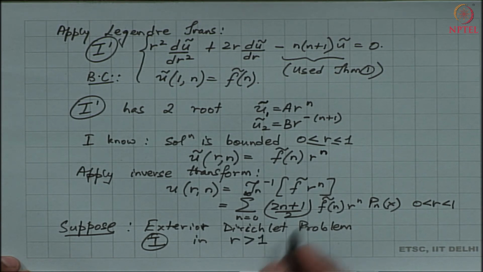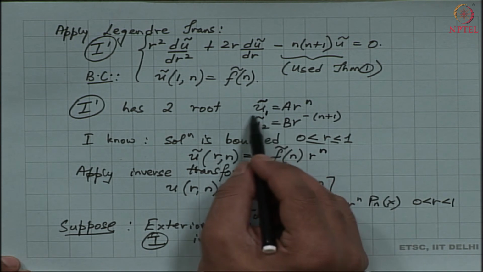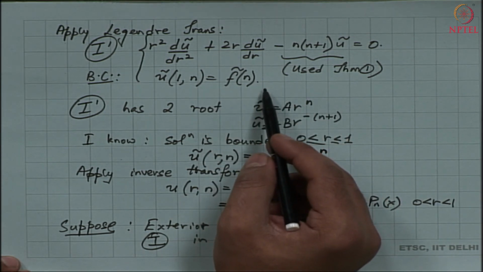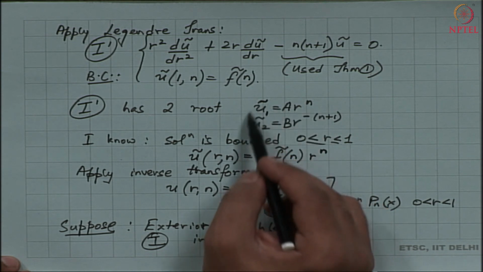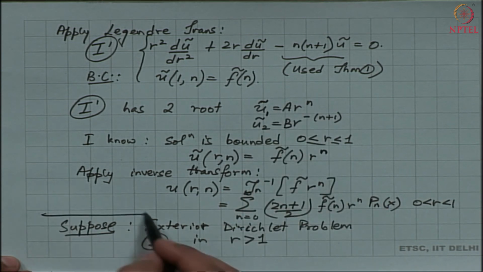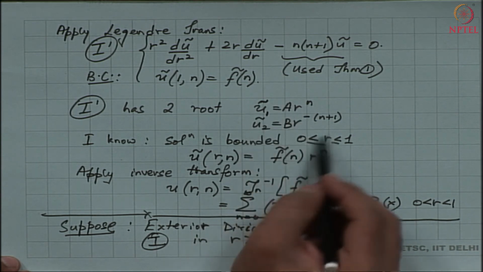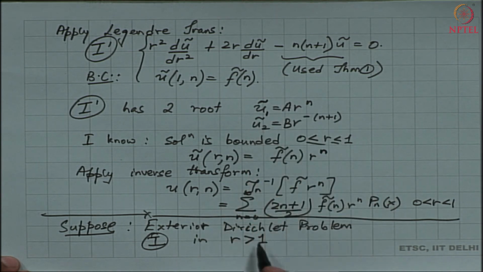In that case, all the steps will follow all the way up to 1 prime. But when I get to the point where we have two roots, only the second root is going to make sense for r greater than 1, where the solution is going to be bounded at infinity.